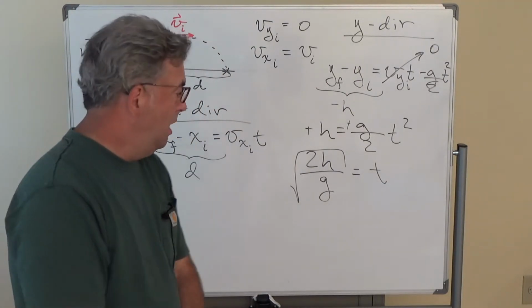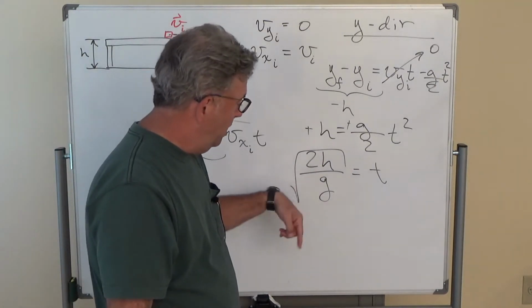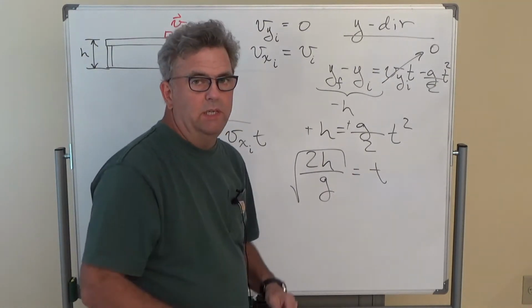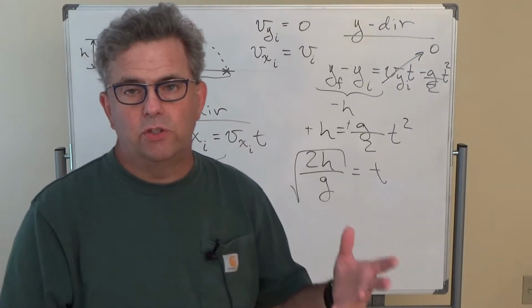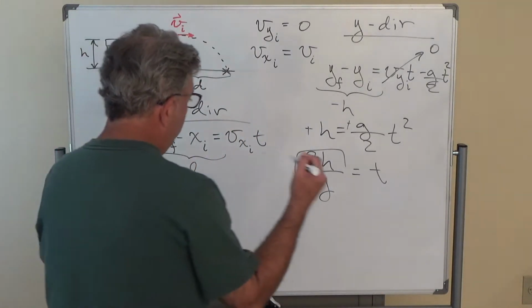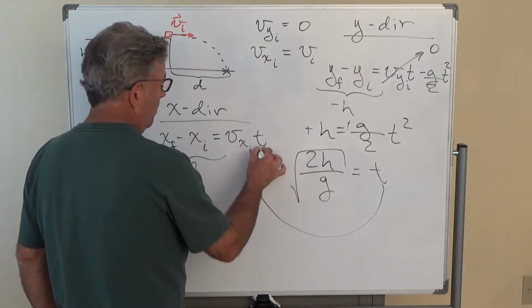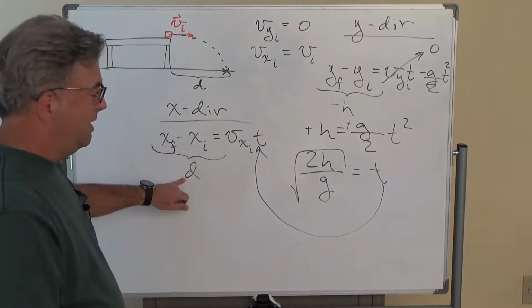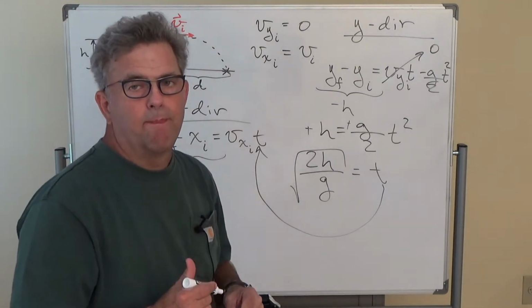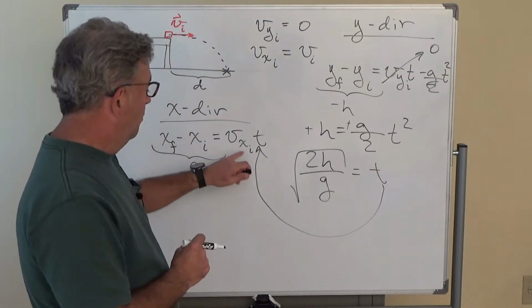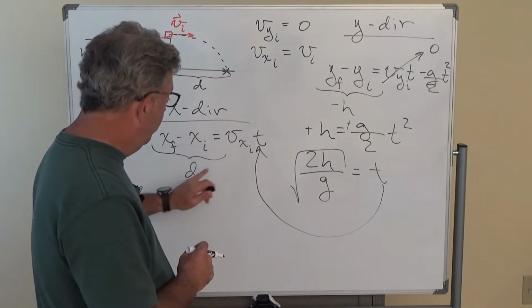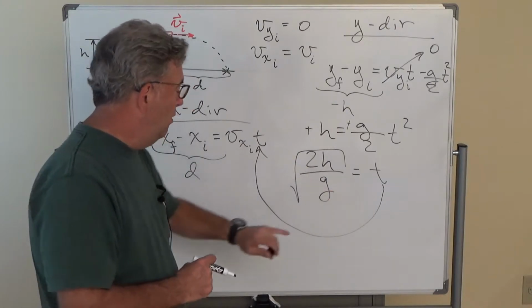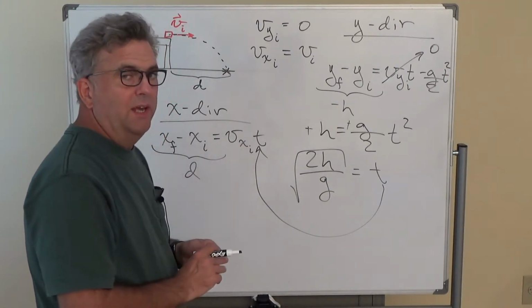And we know h, we know g, so solve for t. Once you solve for t, you can use it to find Vx initial. We know d, we found t over here, so we can find Vx initial.